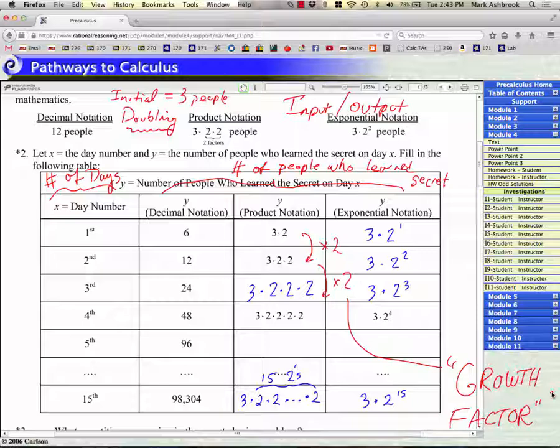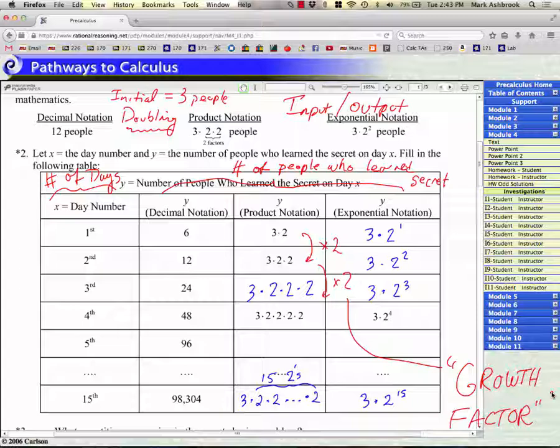Be more specific than growing. What operation? Multiplying. Multiplying by a constant growth factor to get the next output from the previous output. So the growth factor is a multiplier on output to get the next output. If that growth factor stays the same as you keep going, if you always multiply by 2 to get the next output, you have exponential growth.